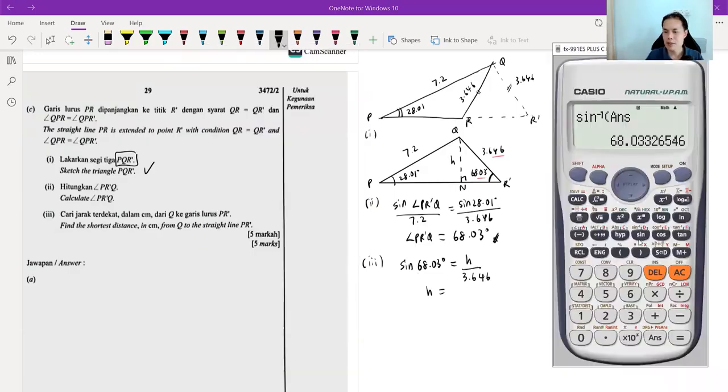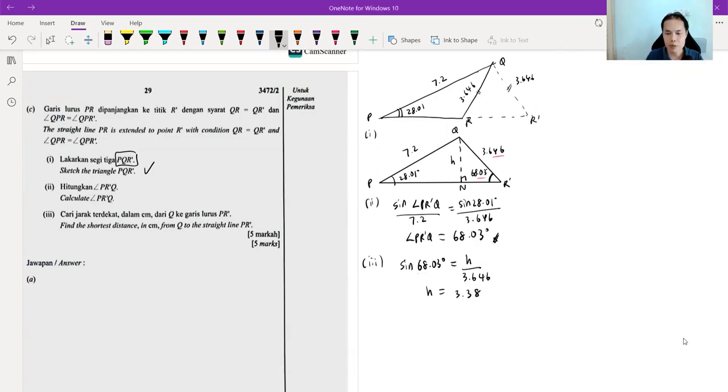Sine of this answer, 68.03, then you multiply by 3.646. My answer is 3.381. There you go. That's the shortest distance from Q to line PR prime.